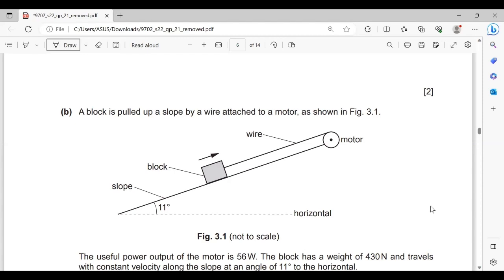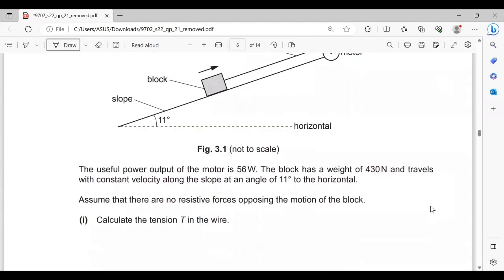The useful power output of the motor is 56 W. The block has a weight of 430 newtons and travels with constant velocity along the slope at an angle of 11 degrees to the horizontal. Assume that there are no resistive forces opposing the motion of the block.